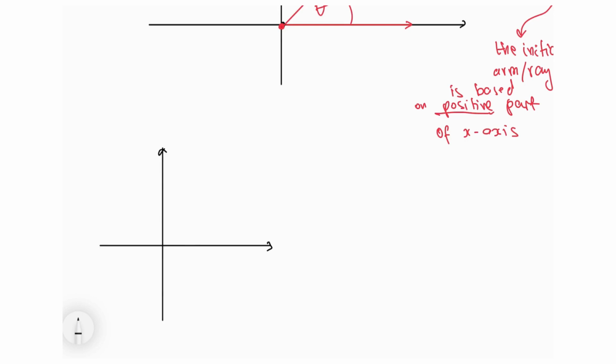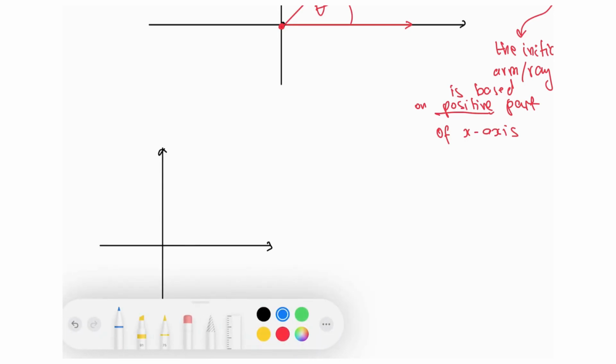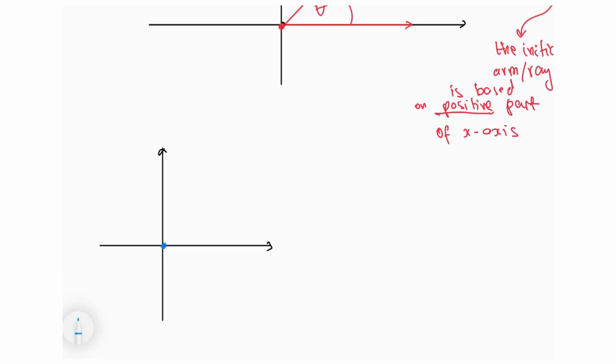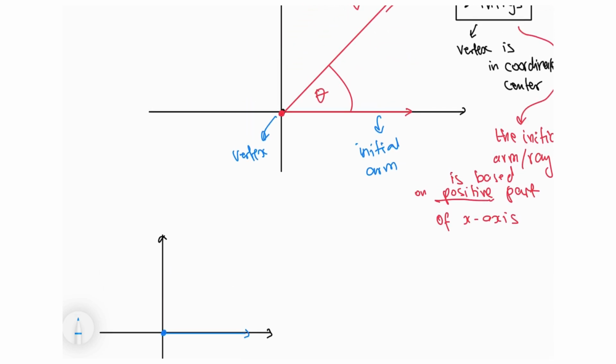So the first thing is when the angle is given, the vertex is in the coordinate origin. Here is the initial arm. So let's write initial arm, vertex, and terminal.